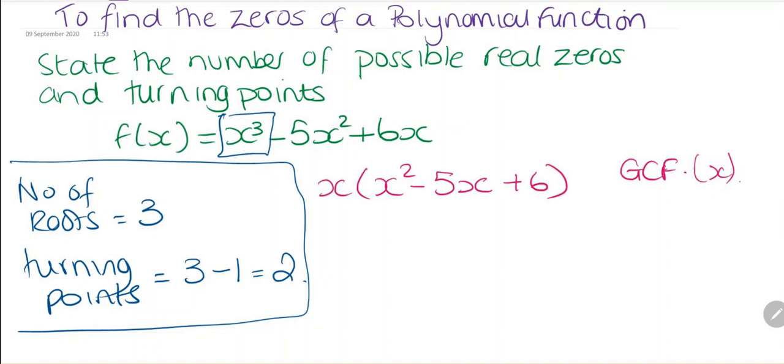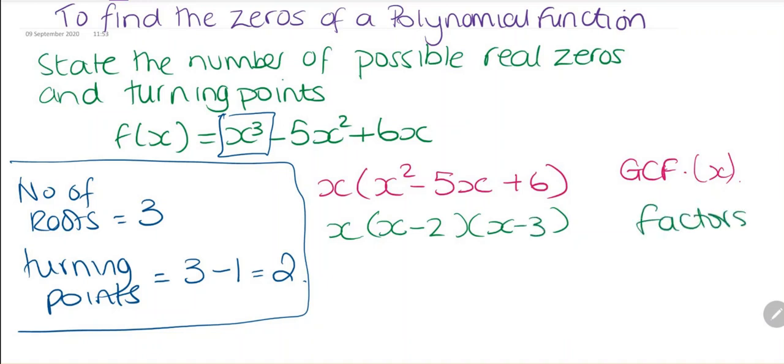Now we can find the factors of this term: factors of 6 that add to make minus 5. So this is going to be minus 2 and minus 3, so x minus 2 and x minus 3. These are all the factors.